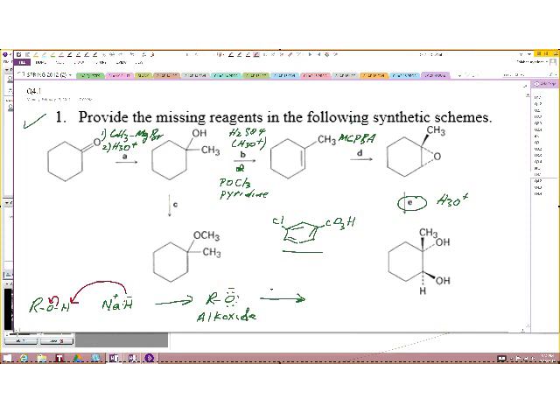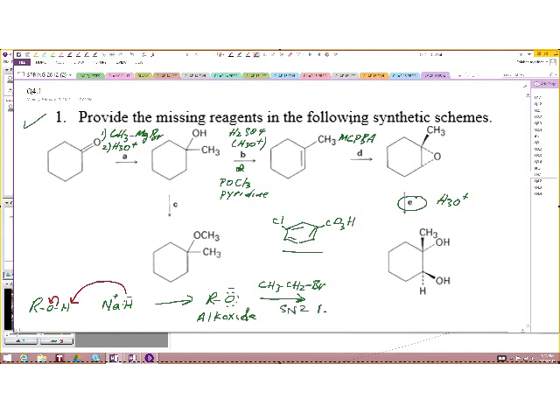Okay, and then you take any alkylating agent, in other words, any alkyl group that contains a leaving group. In this case, it would be a primary alkyl group, a methyl group, or sometimes a secondary alkyl group. Those are the alkylating agents that you use for SN2 reactions.